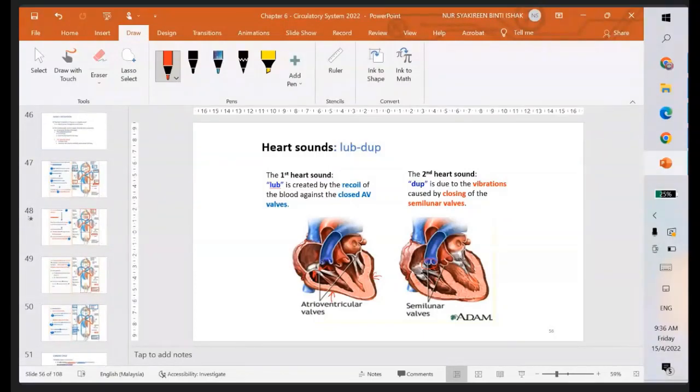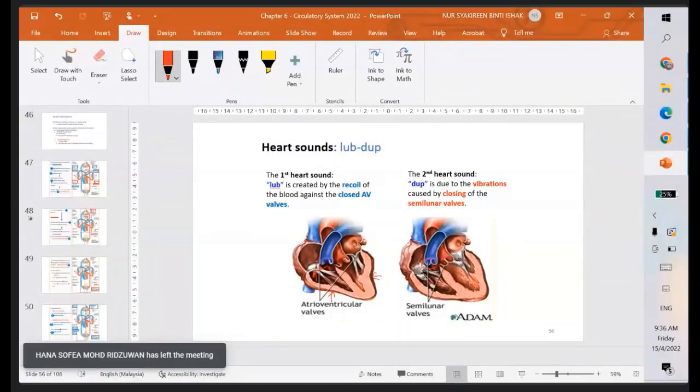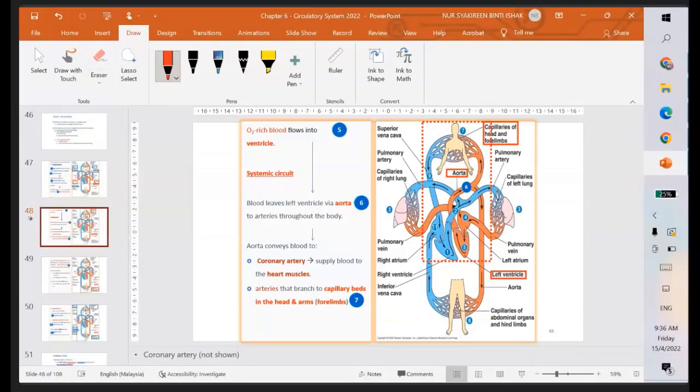Where can we refer to? On heart circulation. Okay, heart circulation of blood in this slide.